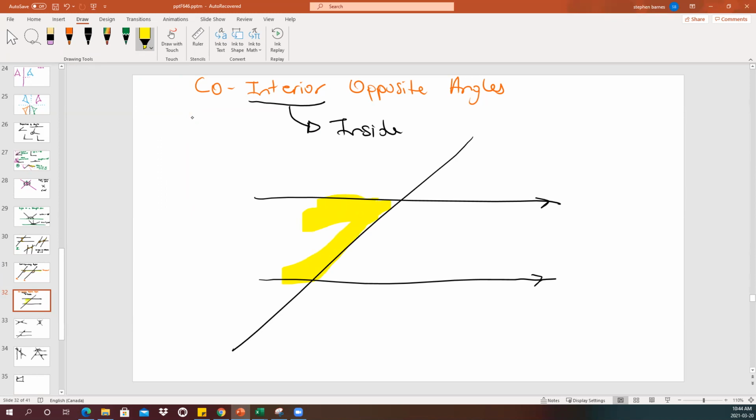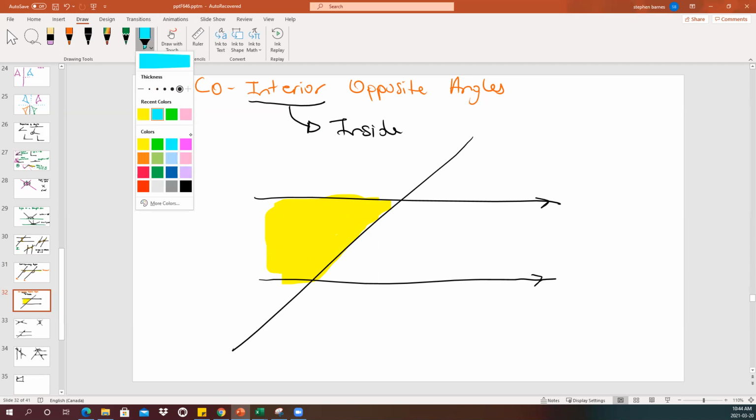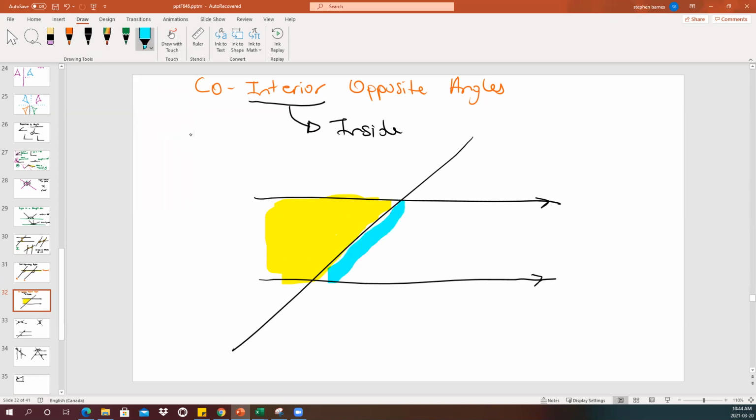Because when the transversal cuts the two parallel lines, you have what I'm going to call two insides, right? So you have this inside over here, and then you have this inside over here, right? So the co-interior angles have to do with these inside portions of when the transversal cuts.